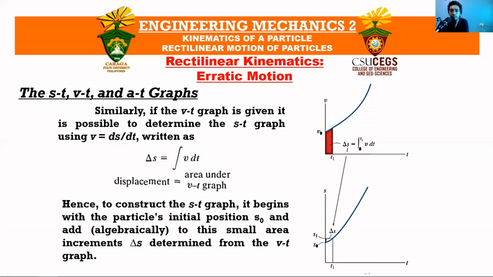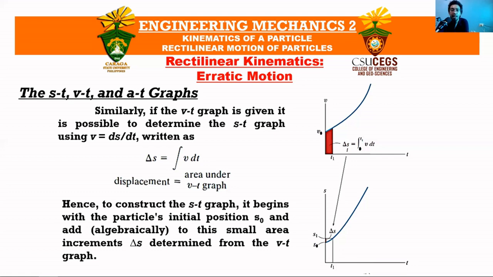In a similar manner, if the known graph in a problem is an AT graph, the first graph you will construct or draw is the VT graph, and you will construct that using the kinematic equation A is equal to dV over dt. Then afterwards, you can construct the ST graph from the VT graph using the kinematic equation V is equal to ds over dt.